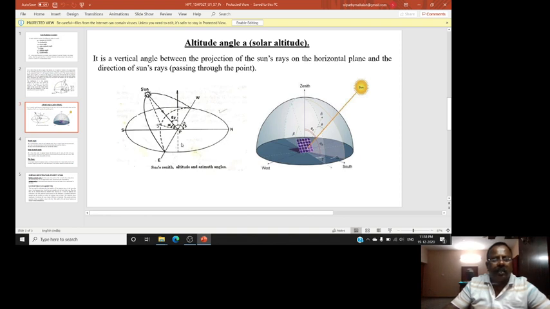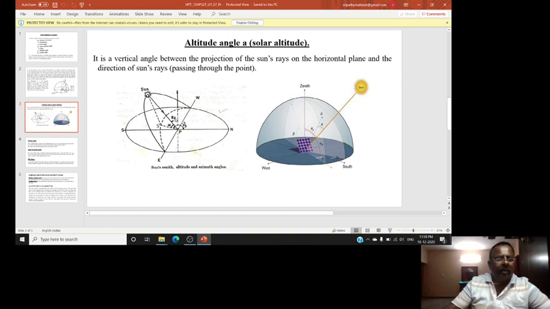This is the horizontal surface, and this line is extended. So the beam of rays will be falling here, and the angle between this beam and the vertical is what we call the zenith angle.